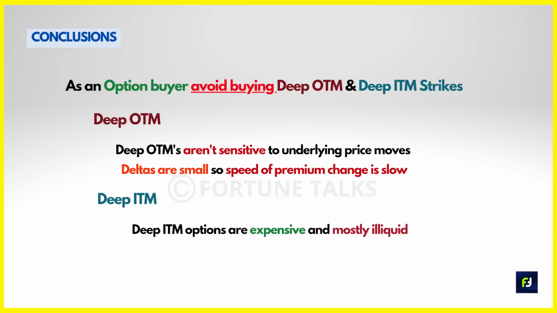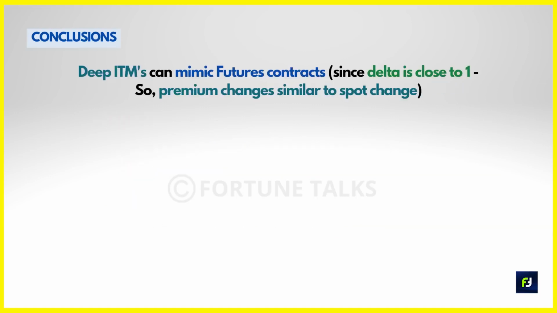Now, in terms of deep in the money options, it is certainly expensive and most of the time it is illiquid. But since it has a very high delta value, meaning that they are more sensitive to changes in the underlying, we could buy deep ITM options instead of futures contracts for the same underlying for a much lower price.